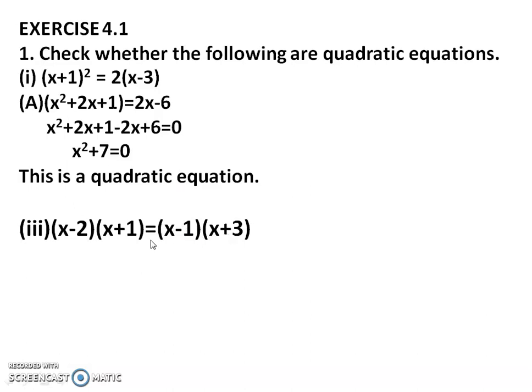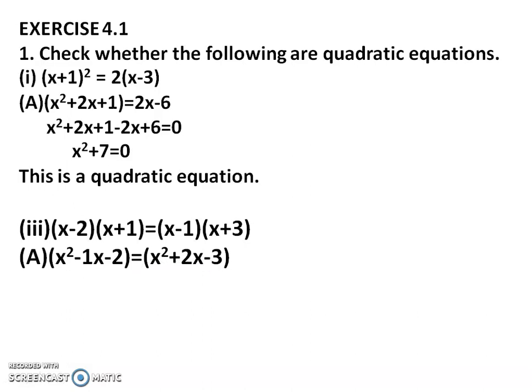Let's see what will happen if we remove the brackets. Here using the identity we will get x square minus 1x minus 2 is equal to x square plus 2x minus 3. What is the next step?